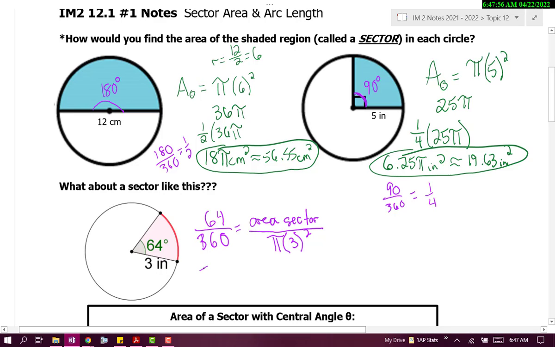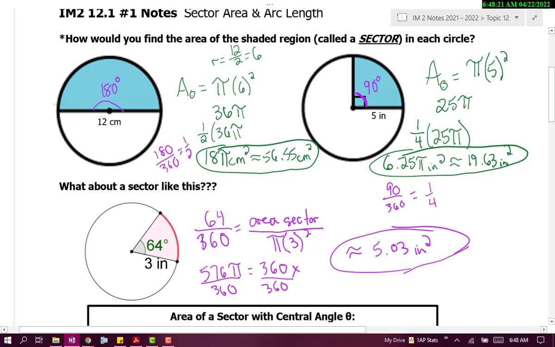When we do that, we get 576 pi equals 360 times x, or the area of the sector. We divide by 360, and we get approximately 5.03 inches squared. So we don't even know exactly what proportion of the circle 64 is, but you can see it's about 1/6. And 1/6 of the area apparently is 5.03 inches squared.